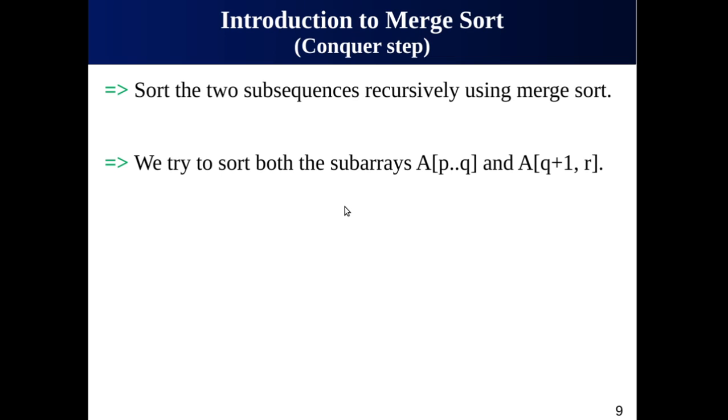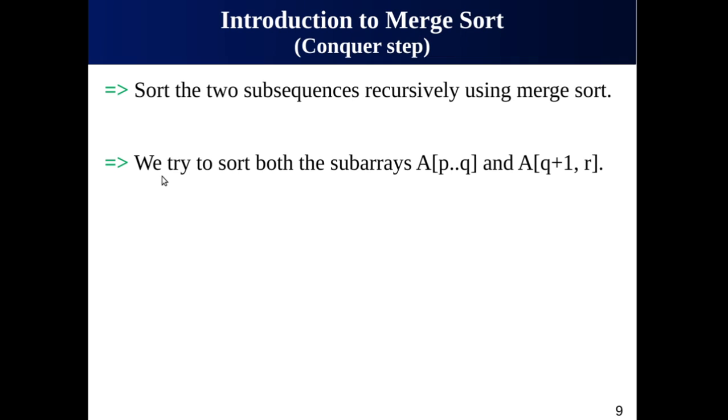Then the second step of the merge sort algorithm is the conquer step. Here we have to sort the two subsequences recursively by using merge sort itself. So you see I am using the word recursively here. It means you have to apply the merge sort algorithm again and again in order to solve the subsequences, sublists or subproblems.